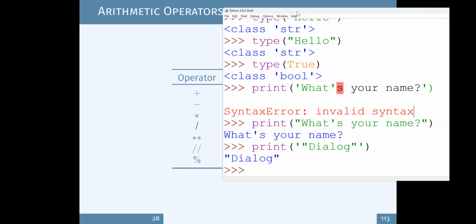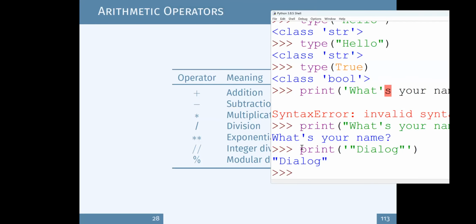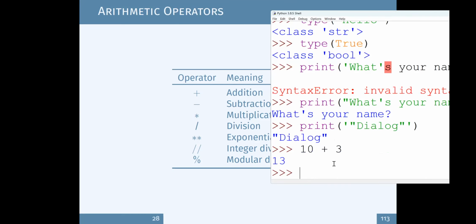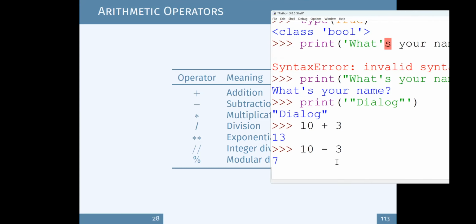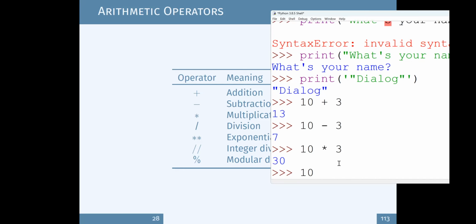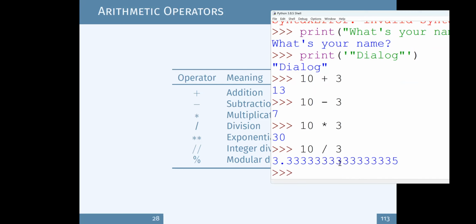Just to remind what we did, for example, if you have two data points like 10 and 3, 10 plus 3 will be 13, 10 minus 3 will be 7, 10 times 3 is 30, 10 divided by 3 is 3.33 something.